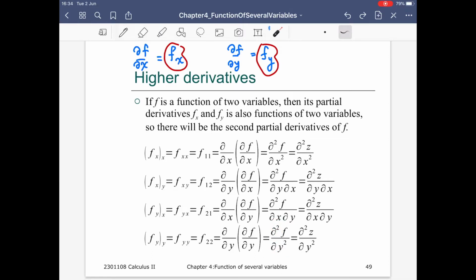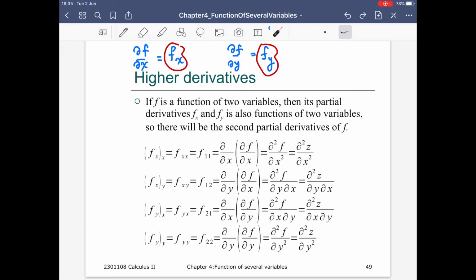However, if first we find a derivative with respect to x and then continue to find a derivative with respect to y, this one we call f sub xy. If you use a fraction notation, you need to be very careful, because for the fraction notation, the differential operator is put in front of the previous one.